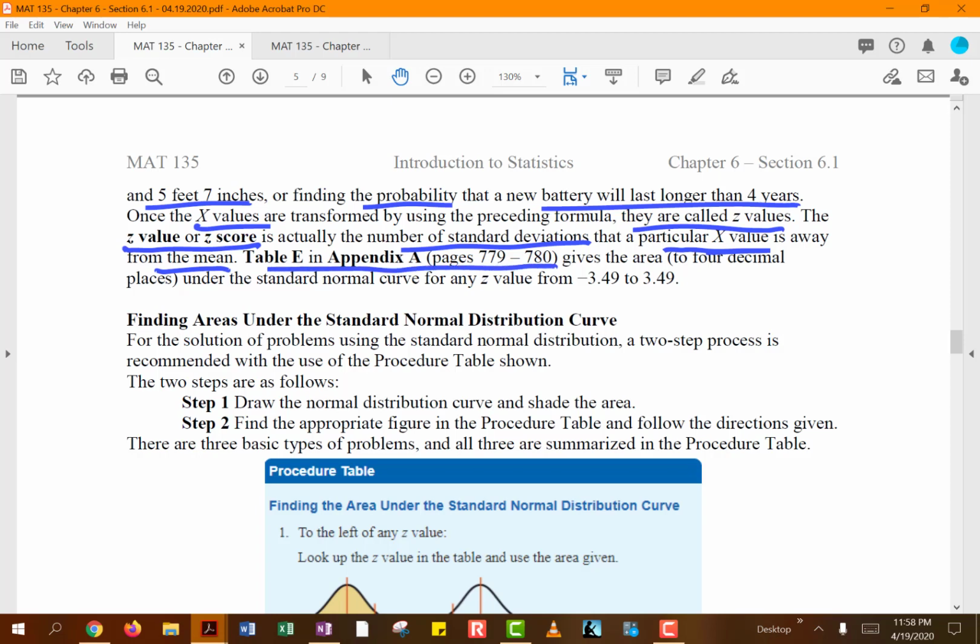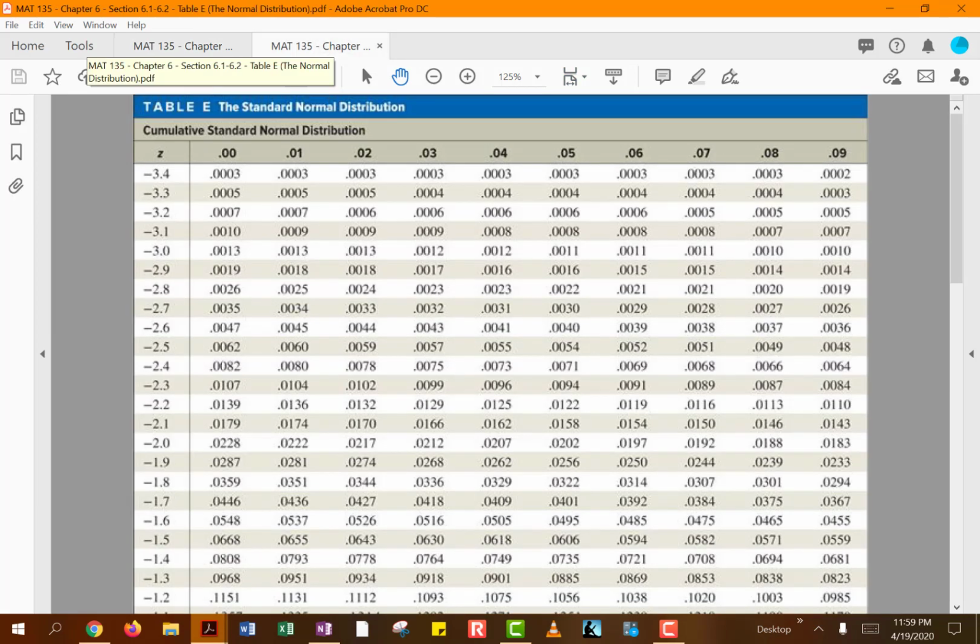So they're telling you that you can look at Table E in Appendix A to see what that normal distribution table looks like. It will give you the area up to 4 decimal places under your curve, and you will see your z values go from negative 3.49 to positive 3.49. So let me show you what this table will look like. You will see we start with the negative side of our table, going from negative 3.4, and your z-score is broken up into rows and columns.